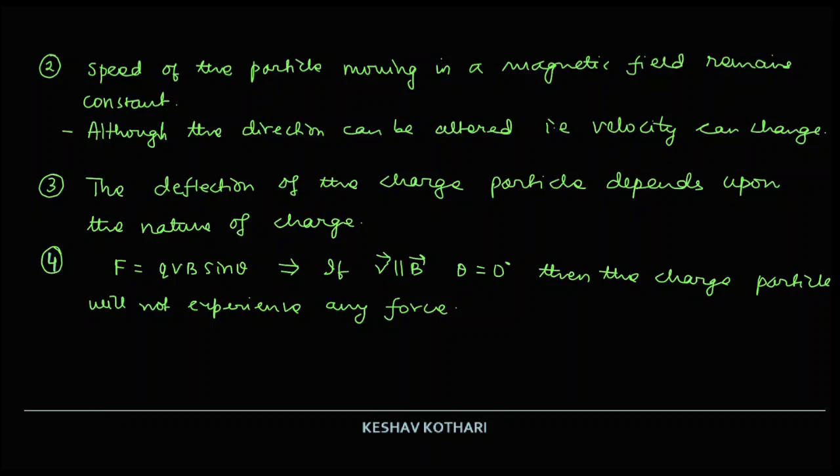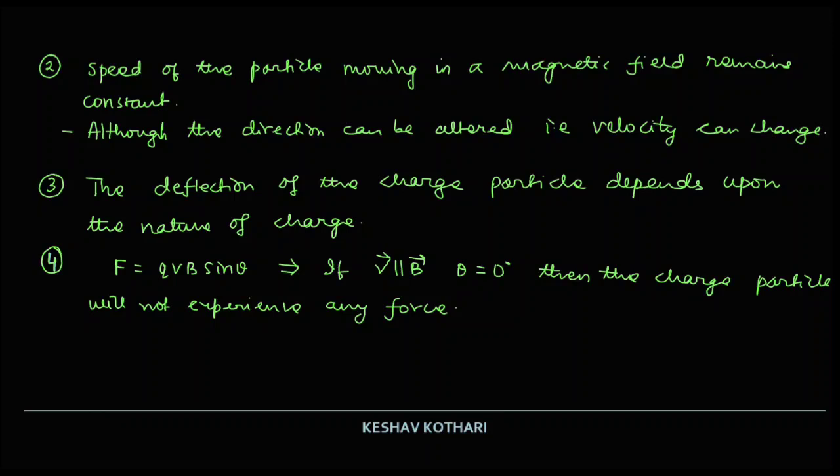So if F is equal to qvB sin theta, and the charged particle is projected parallel to the direction of the magnetic field, then the charged particle will not experience any force due to the magnetic field.